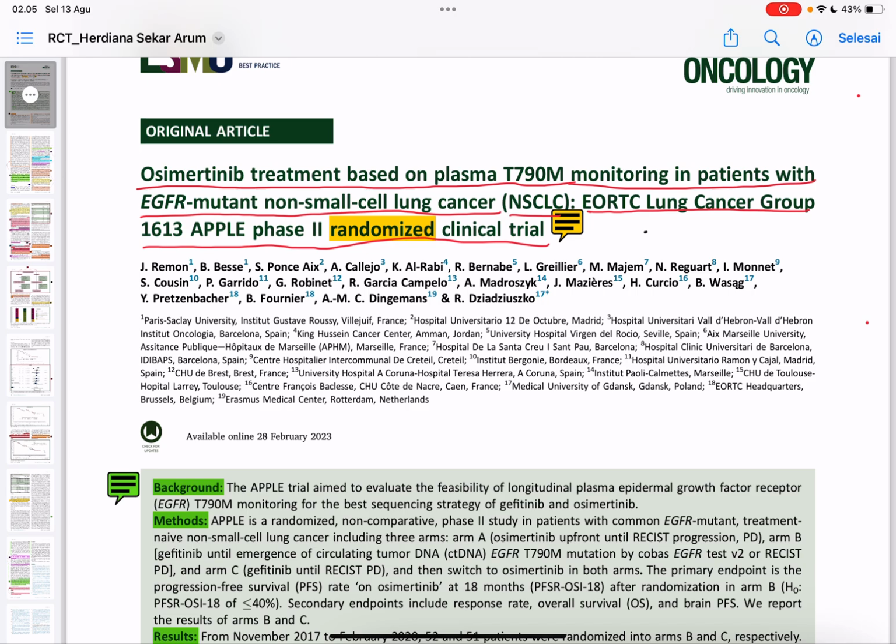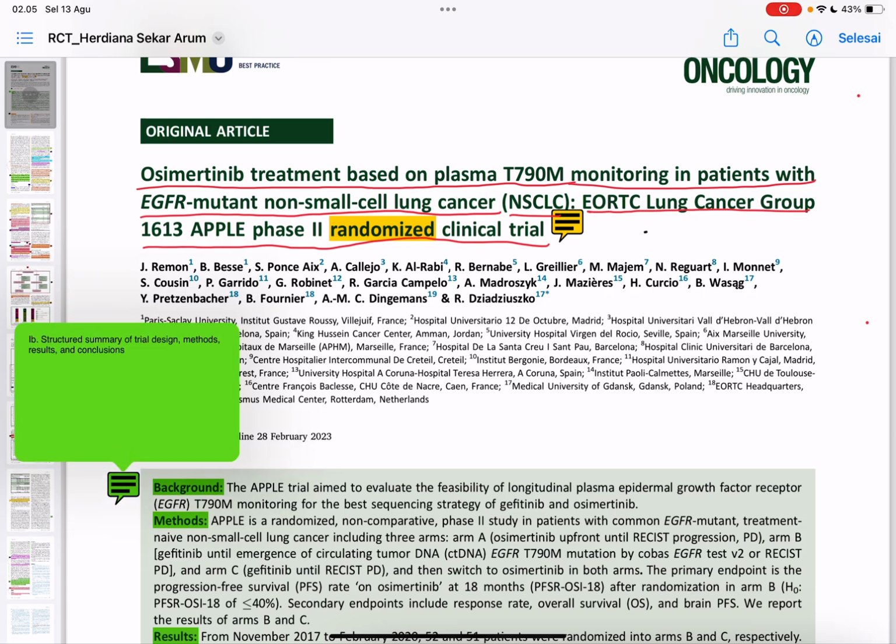Okay, the introduction is in here. We have the introduction. Next, there are methods. Next, we have results. We have discussion, and the last we have information. We can start with the introduction. And in here, the introduction is background or objective.